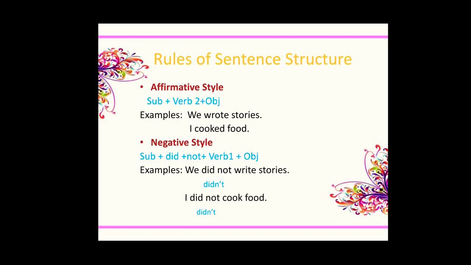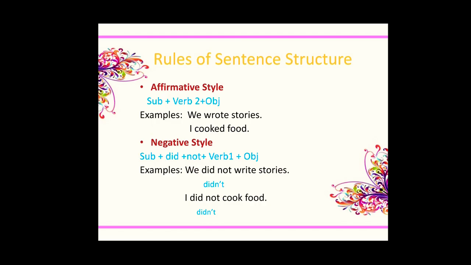Example, we wrote stories. We is the subject, wrote is the second form of the verb, and stories is the object. Another example, I cooked food. Now we will talk about negative style. Dear students, the construction of negative style would be subject, did, then not, then the first form of the verb and object.